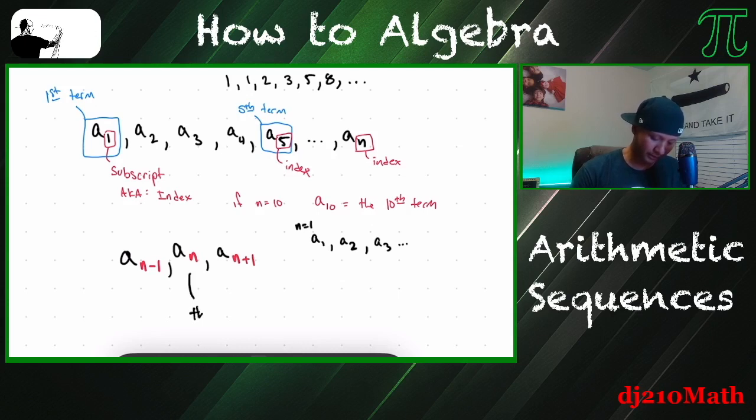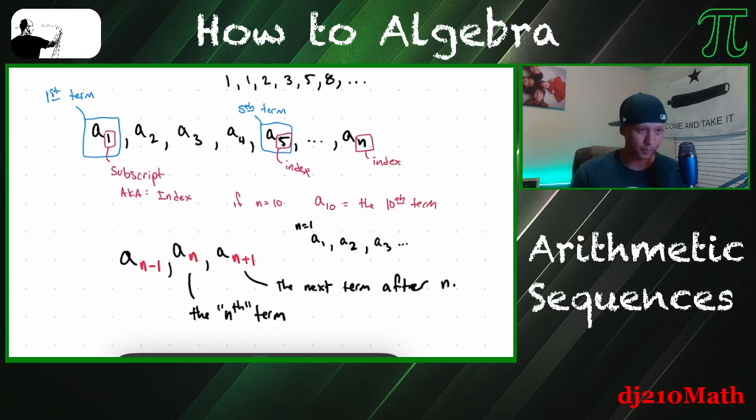In fact, it's the nth term, where n could be whatever number you want or whatever number is specified. N plus 1 is the next term after the nth term. And n minus 1, well, this is just the term before the nth term.